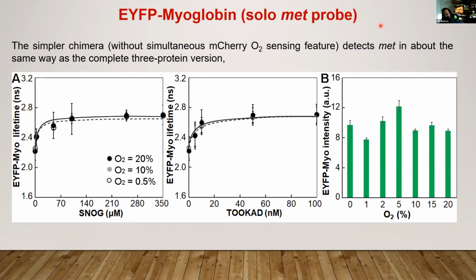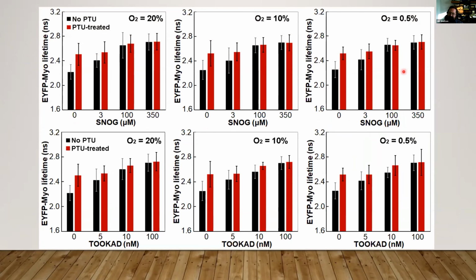By the way, we made it a three-way probe with EYFP and mCherry both attached to myoglobin. But if you don't want that dual capability, EYFP myoglobin alone, just a simple dimeric chimera, does just as good a job of finding responses to reactive oxygen stress or NO. And we get similar results with and without the poison propylthiouracil treatment.